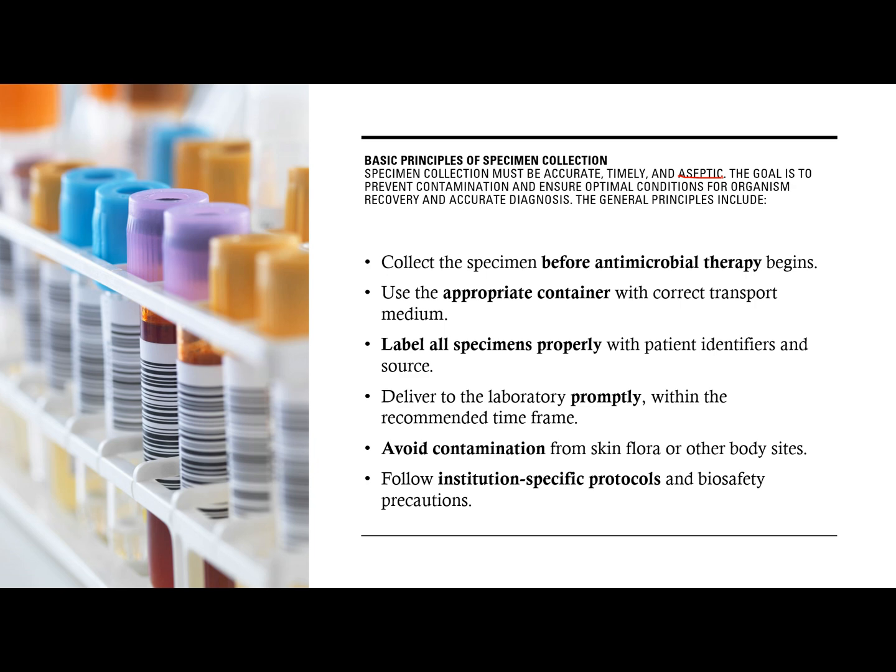Now, the general principles would include, number one, collect the specimen before antimicrobial therapy begins. So if you're gonna grow bacteria, class, you have to collect it before the patient starts taking antibiotics. We have what we call a baseline sample. When you say baseline sample, this is the start sample or the first sample.